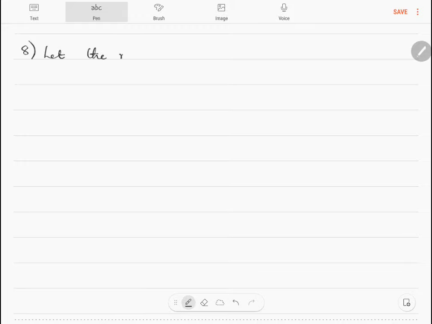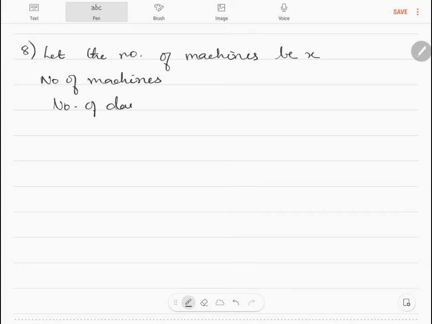Let the number of machines be X. So here the number of machines, number of days. 42, 63. Number of machines is asked, then number of days is given.